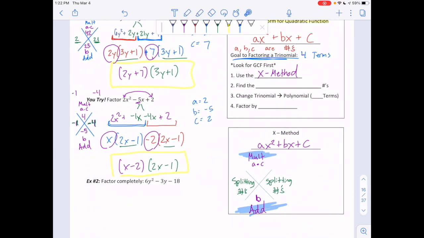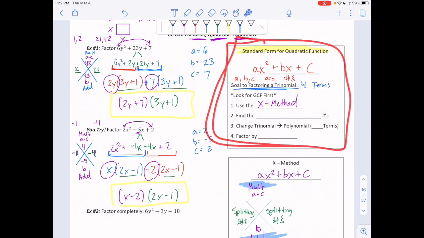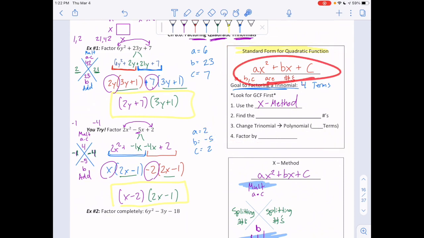Okay, so just reflecting back on this whole process here, we just did 2 for-1 examples. You have your quadratic function, ax squared plus bx plus c. A, b, c are just numbers. Remember your goal for a trinomial, you want it in 4 terms. So you start off by using the x method. We'll talk about this step next, okay? When it says look for the greatest common factor first, we're actually going to do that for example 2.